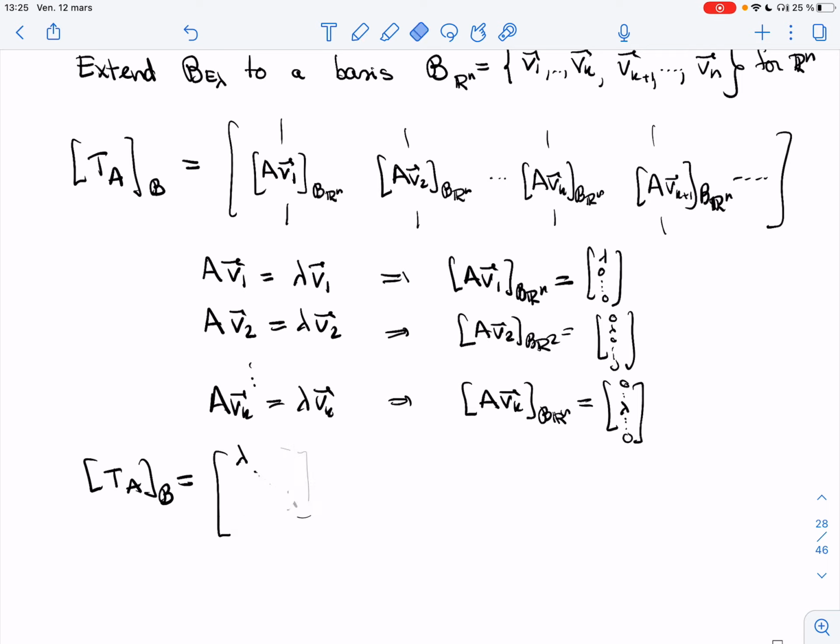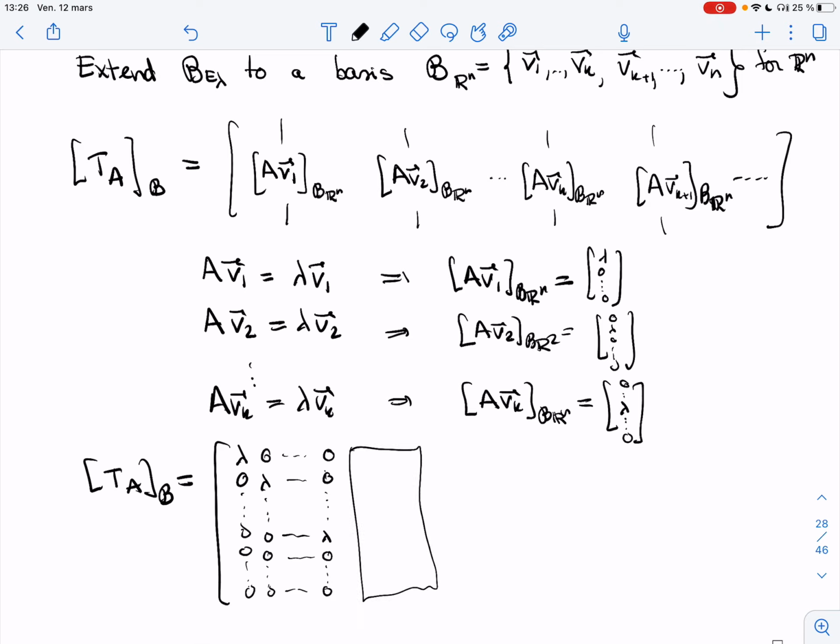Let me be a bit more precise. I'll get lambda, 0, 0, then 0, lambda, 0, up to the kth one, and then underneath I'm just going to get 0. The rest I have no control over.